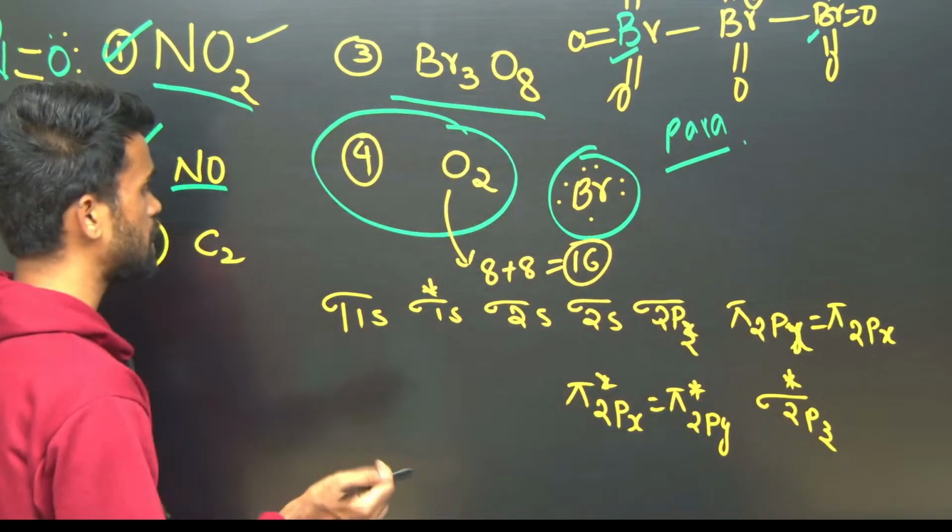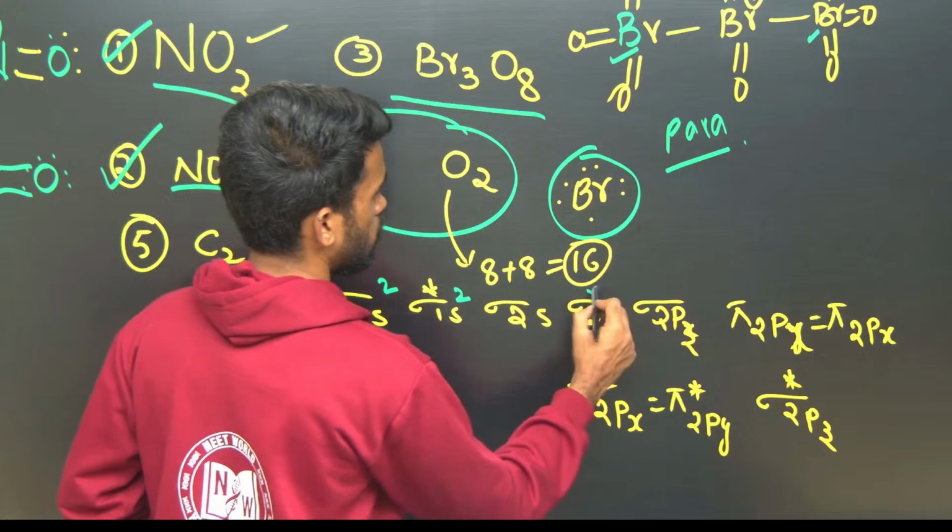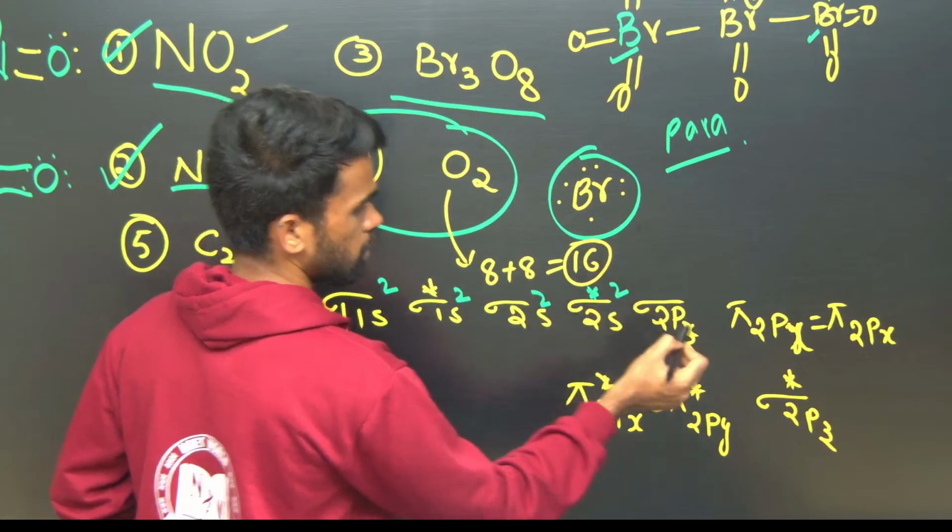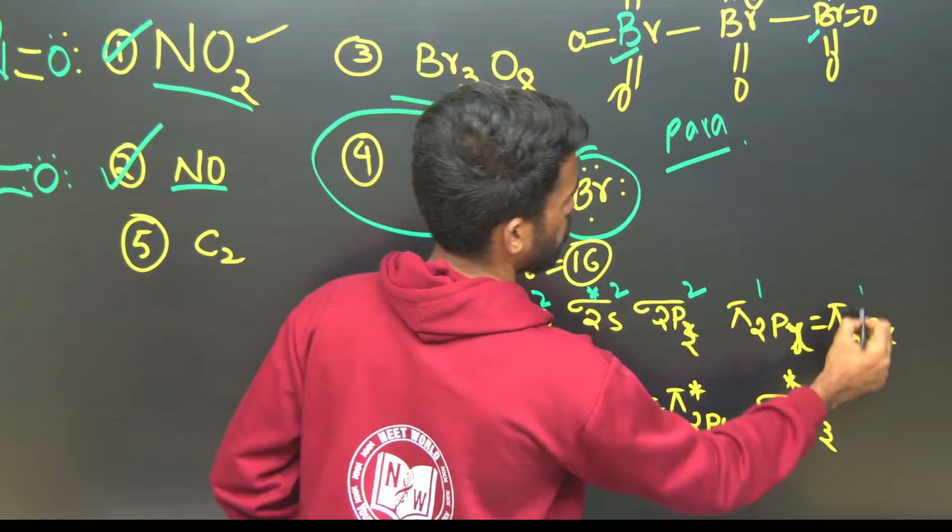So just fill 16 electrons, 2 4 8 10 12 13 14.